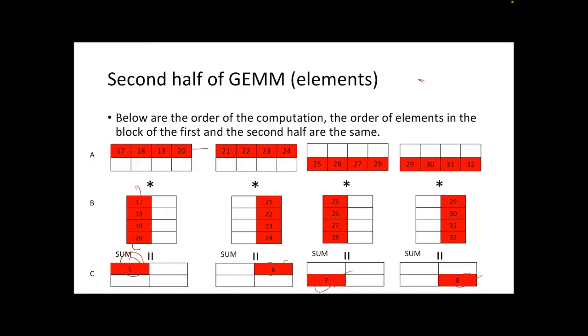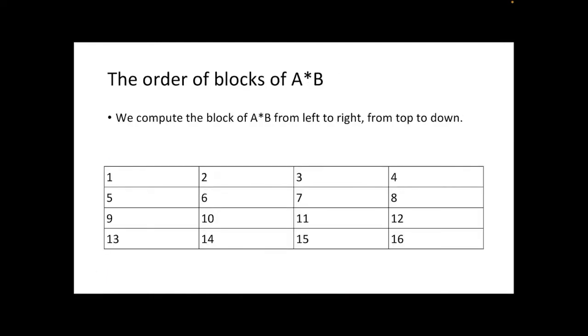So for the first half, the intermediate result is in the local buffer, and the local buffer is as large as a block. So you store it, and then once you get all the results, you just write it out.